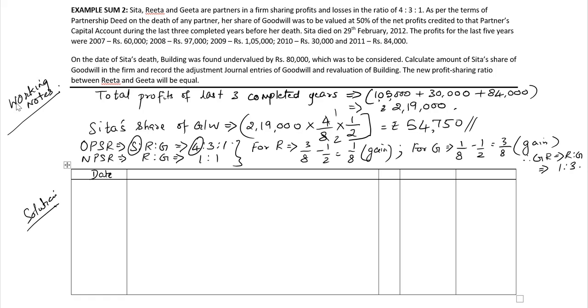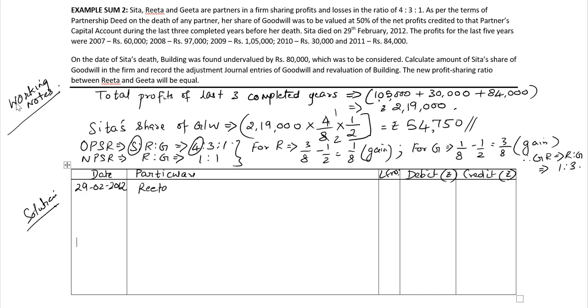Date, particulars, LF number, debit rupees, and credit rupees. Date of Sita's death is 29 February 2012. We need to debit the gaining partners and credit Sita's capital account.